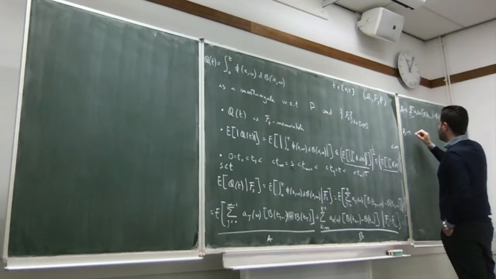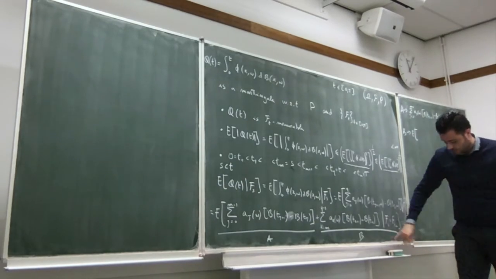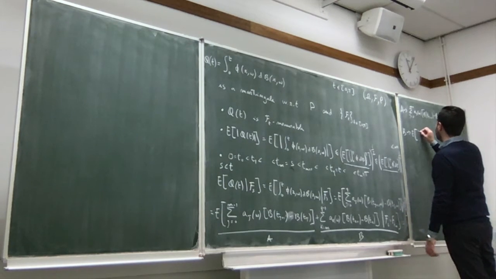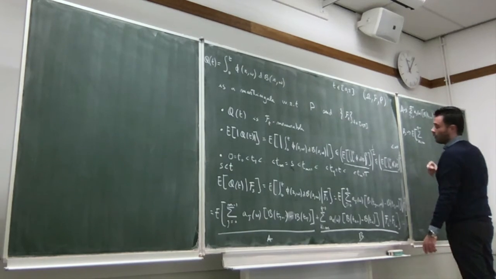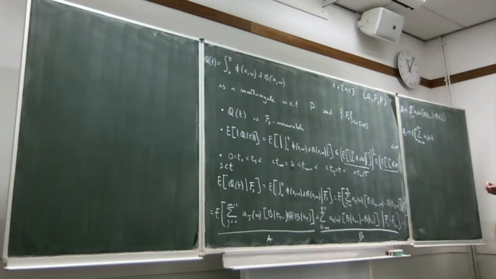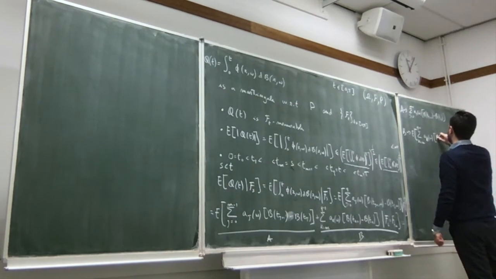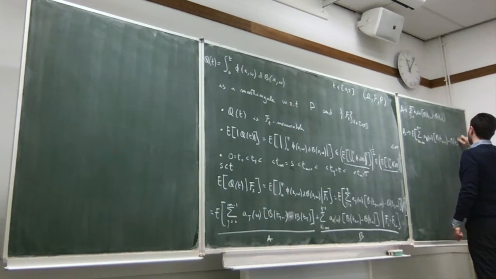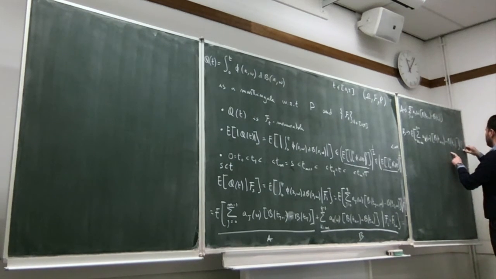If we consider B, this is the expected value of this sum, that is to say, the sum for k from m to q minus 1 of a_k(omega) times the increment of the Brownian motion, B_{t_{k+1}} minus B_{t_k}, everything conditioned on F_{t_m}.